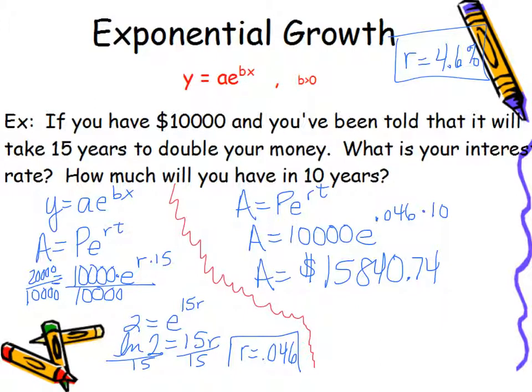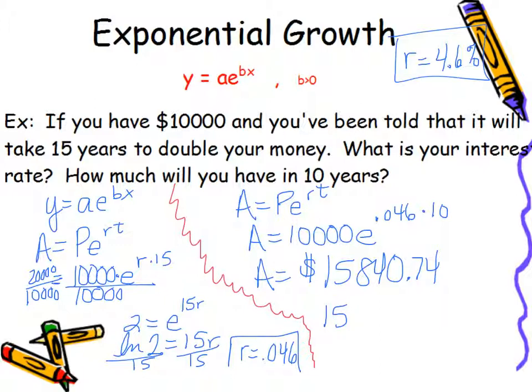Okay, now what I did with this one is I went ahead and just used the 0.046, but I wanted to show you, if we had stored that, remember we stored that as alpha A, so if I were to redo that problem and do the 10,000 second ln and raise it to alpha A times 10, let's look at how much money that would be.